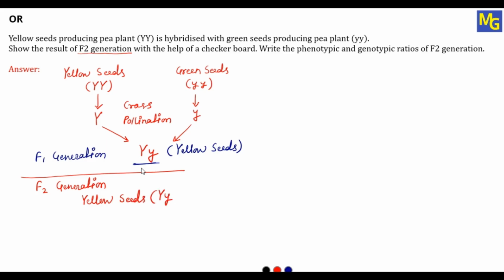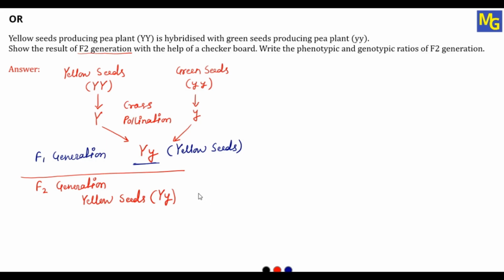You can see in the F1 generation, we have got capital Y and small y. This is a yellow seed, and the first one is also a yellow seed, but that is homozygous, both dominant. Here in the F2 generation, we have one capital Y and one small y. The same plant we are going to cross.